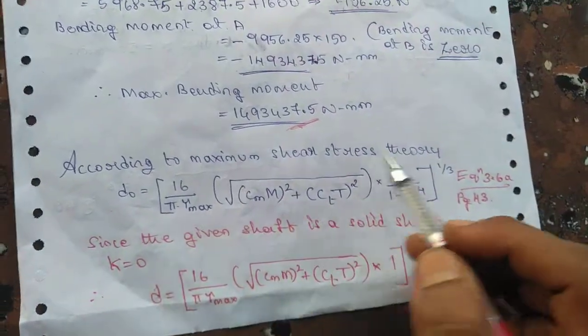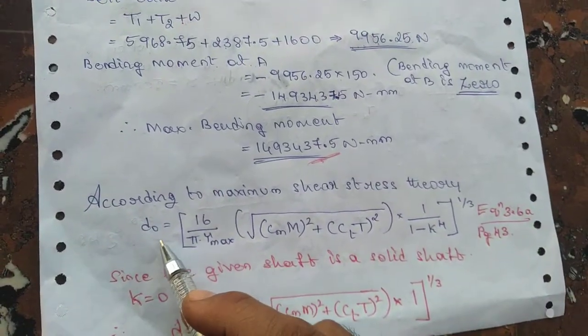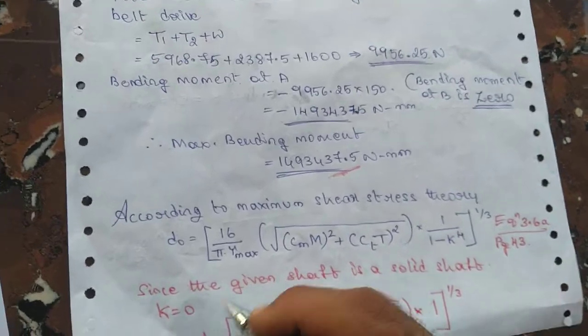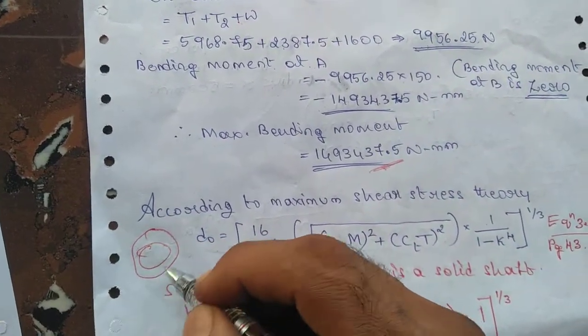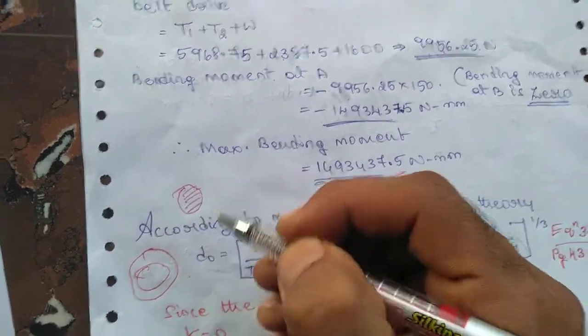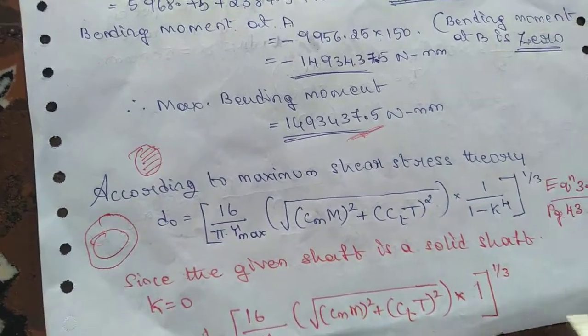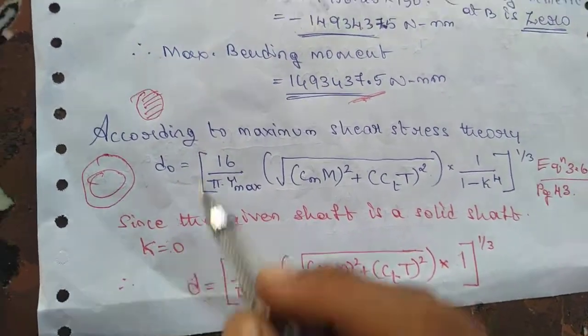According to the maximum shear stress theory, this equation they have given is for a hollow shaft. But now we have only a solid shaft. So for the solid shaft I have made a modification here, because k will be 0 since it is a solid shaft.